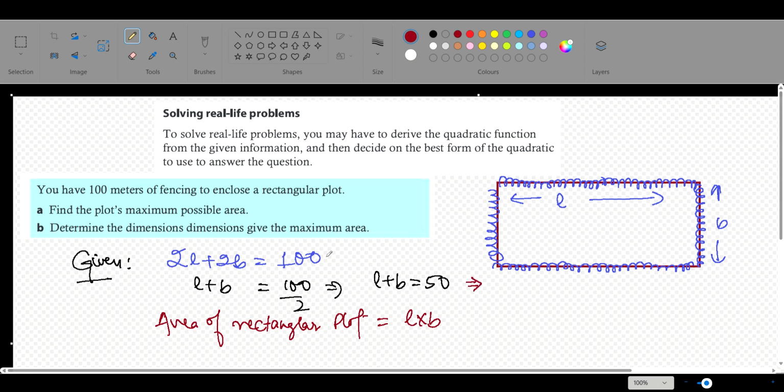Let's make length in terms of breadth. So length is nothing but 50 minus breadth, right? I put breadth from the left hand side to the right hand side. So in place of length, I'll put 50 minus b, and there is times b already there, using equation 1.